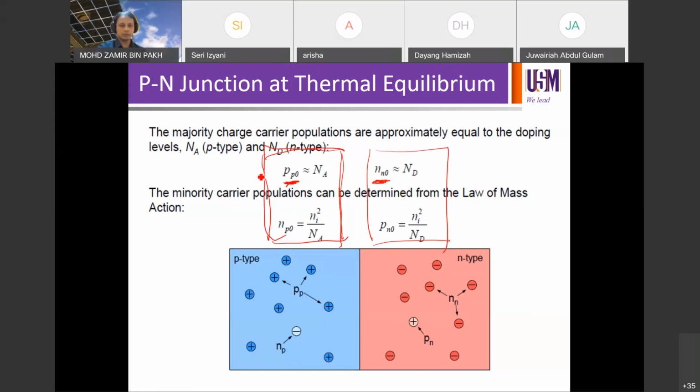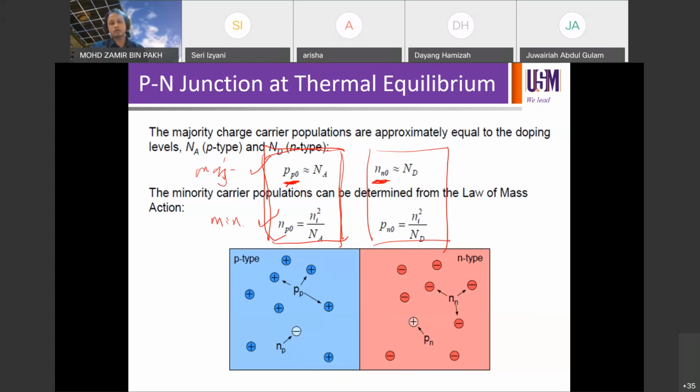So the top one is the majority, pp naught. As a result, the minority is the np naught. Okay, atas majority, bawah minority. Majority carrier, bawah minority carrier. Okay, so majority is given by pp naught equals Na, and when you use law of mass action, the minority will be given by ni squared over Na, or ni squared over pp naught, right?